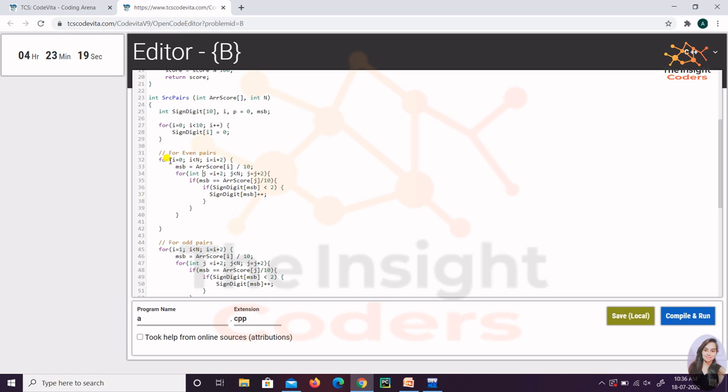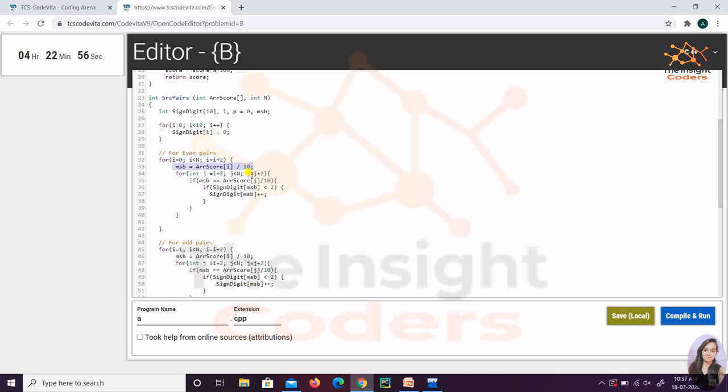So for even, I am starting a loop for i, in which I am using another loop j. Every time j is being incremented by 2, and that means with i plus 2 I am starting. That means for even, because I am starting from 0, that means 0, 2, 4, 6 and so on. Each time we have to calculate the MSB, that means the tens place digit.